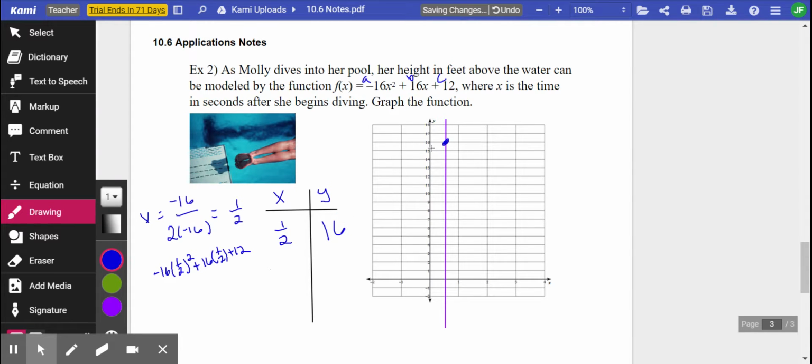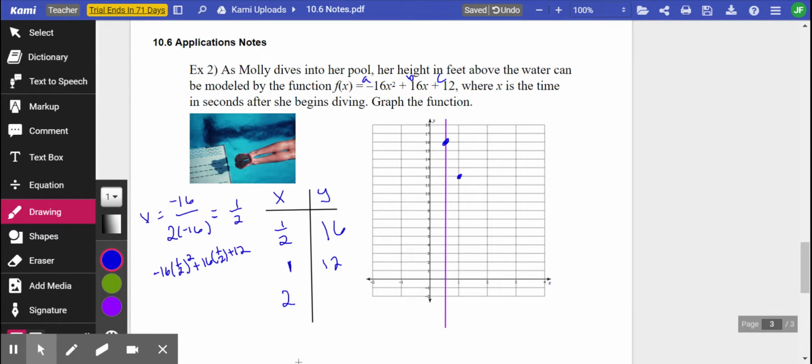I'm going to go one step to the next whole number. So I'm going to plug in 1, and then I'm also going to plug in 2 and see what happens. I do 1 first, and I get 12 for an answer. So I have the point 1, 12.